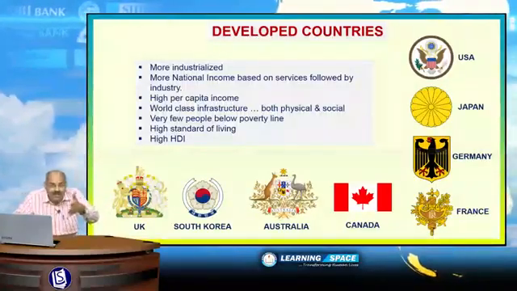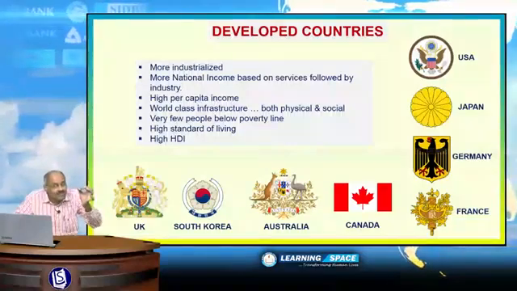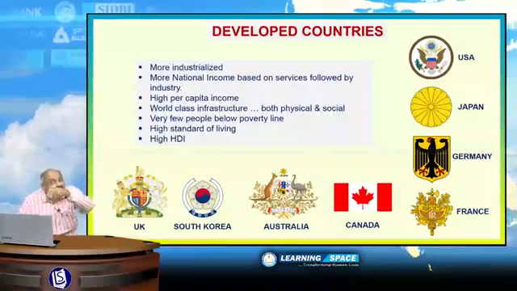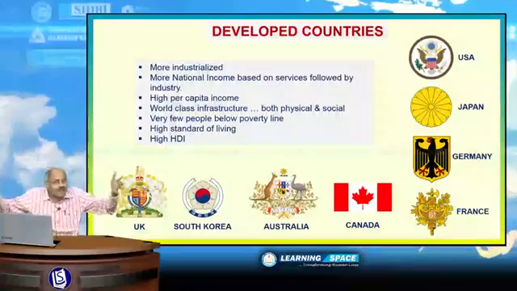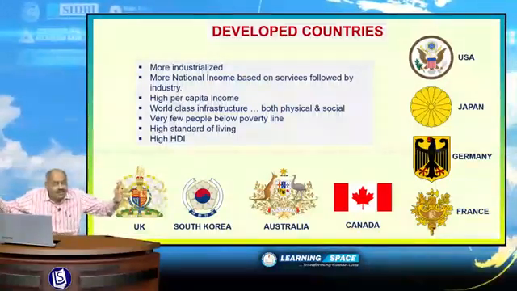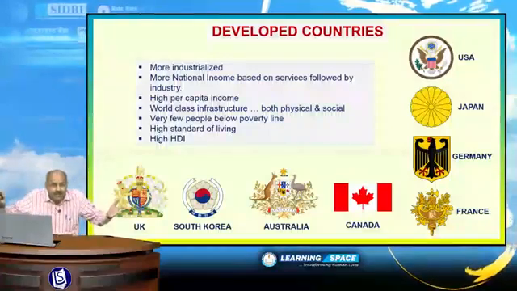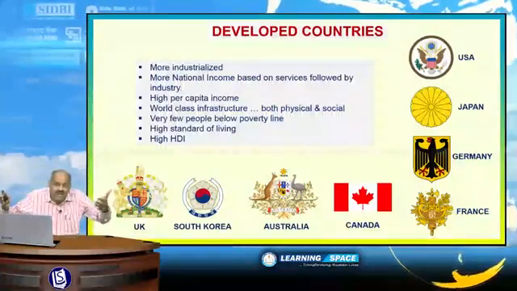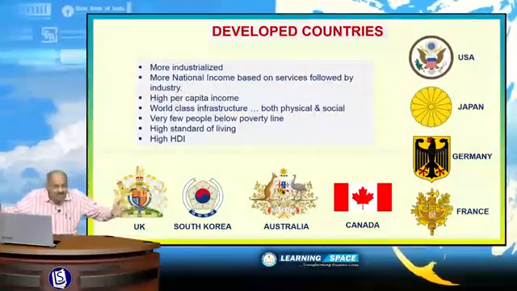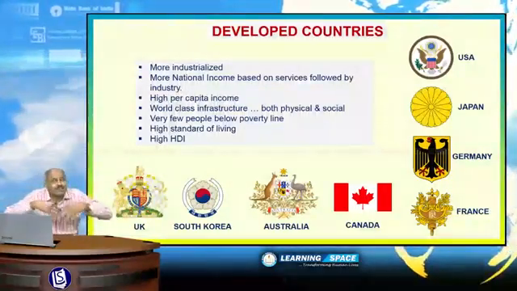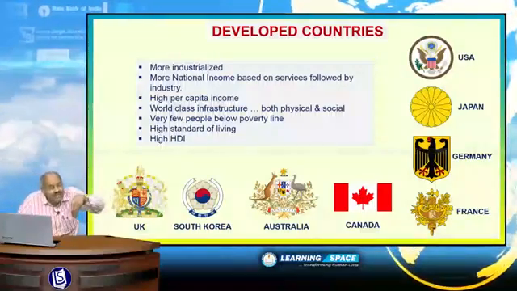There are several features: more industrialized, national income based more on services followed by industry, and high per capita income, so the standard of living is very high. Next is world class infrastructure. You will have world class expressways, world class airports, world class ports and social infrastructure.